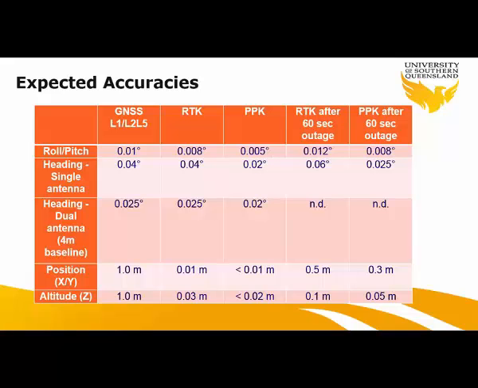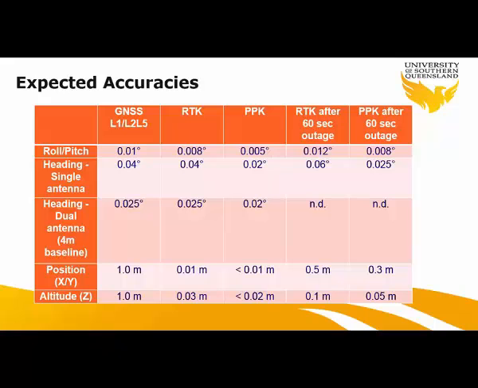The table here shows you the different accuracy you can get for the position and height based on which technique you use. The last two columns show you the quality of measurement after having 1 second without differential correction. So we are having 1 second without differential correction, and after that we start to have RTK, for example, and PPK, which gives you the accuracy of 0.5 meter and 0.3 meter horizontal accuracy respectively.